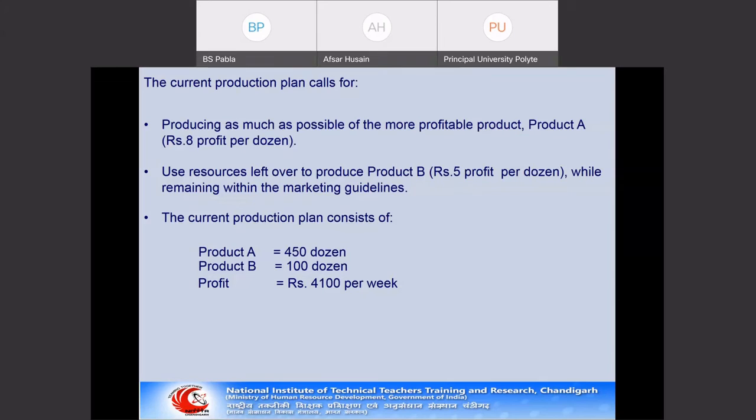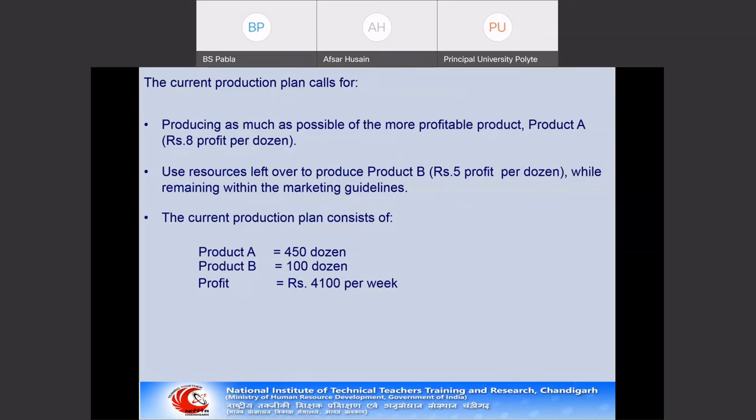Now the current production plan consists of product A, they say they make 450 dozen, and product B 100 dozen. So if you want to calculate the profit, it will be 450 into 8 plus 100 into 5. So 450 into 8 is 3600 plus 500, 4100 rupees per week.